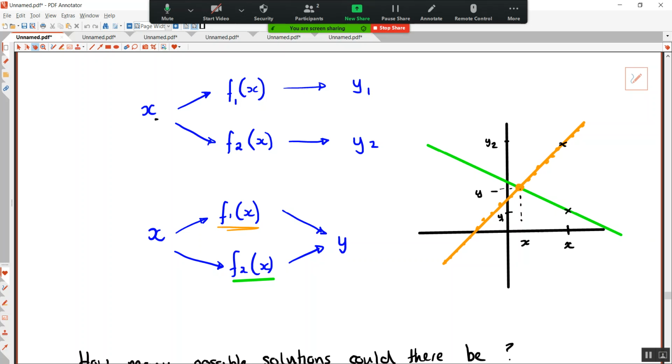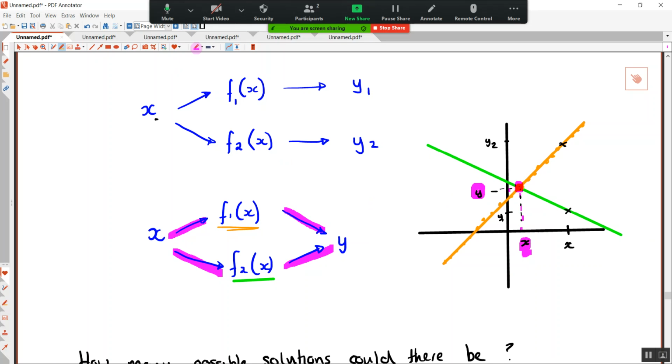And what that means is that if I put this value of x in, if I go up to that point and I go across to find the y value, well, the x and the y value are the same for both functions, and that's why they cross. So that would be like, I put x in, I get y out. But the same with the green line, I would also get exactly the same numbers, right?